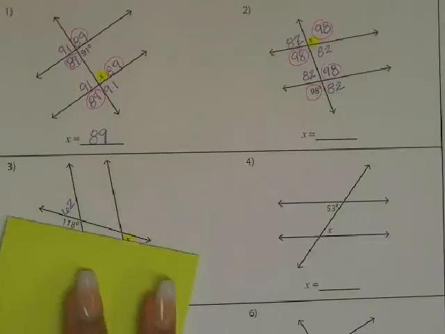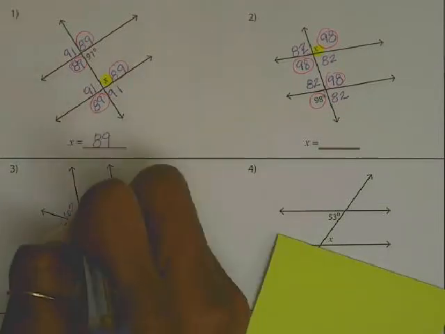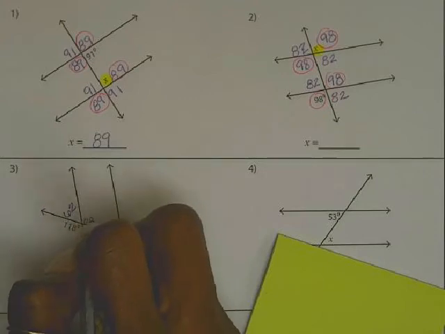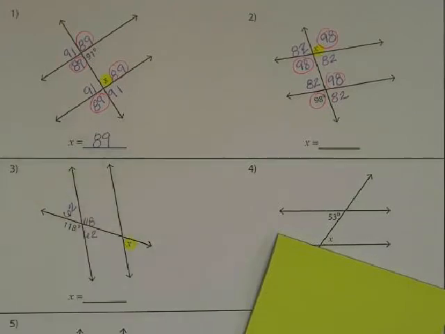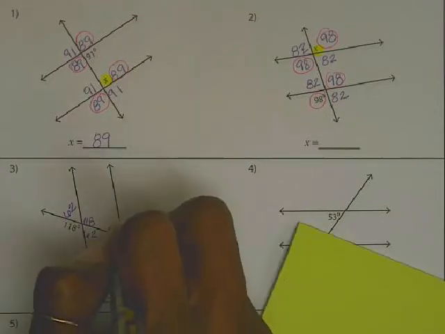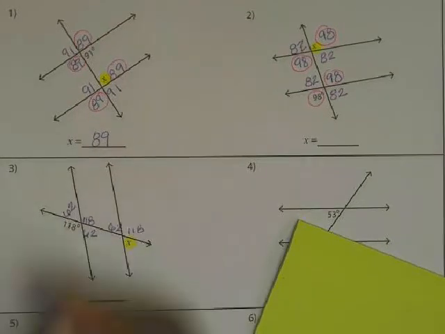And if you look at it, you can see that that is an obtuse angle. It's more than 90 degrees. So here's my 118, which means this one is going to be 62. Now, remember, this has to be 180. So if this is my 118, then this is going to be my 62. This is going to be my 118.